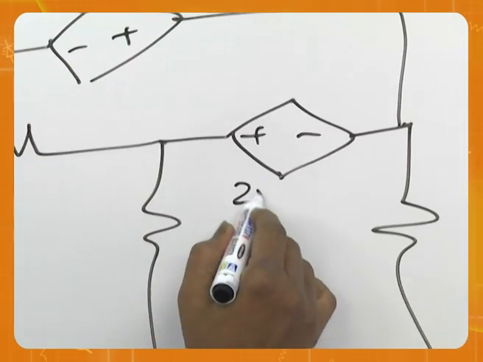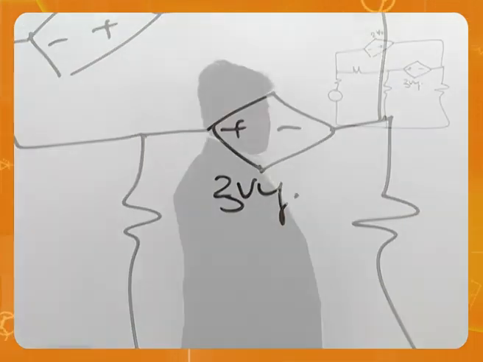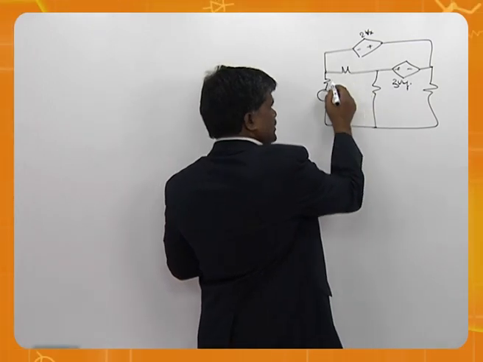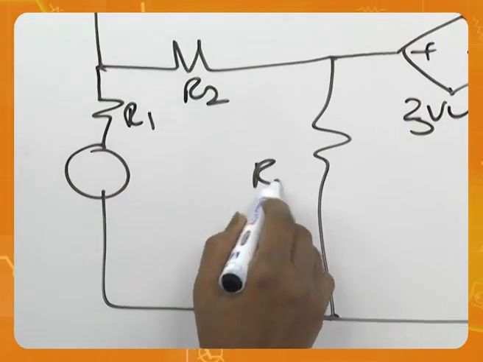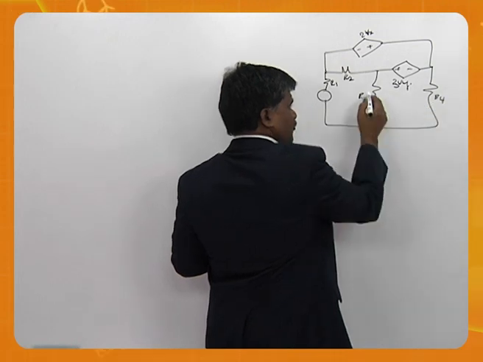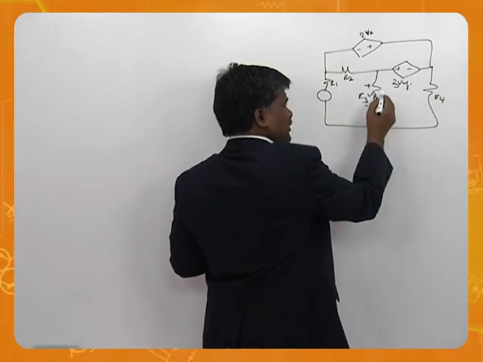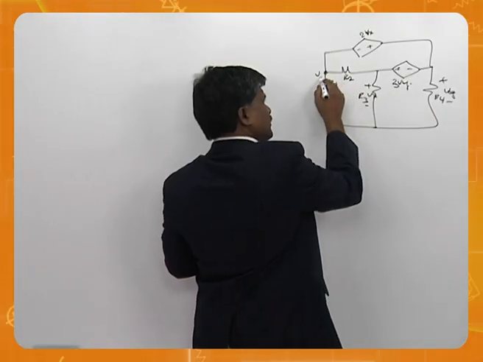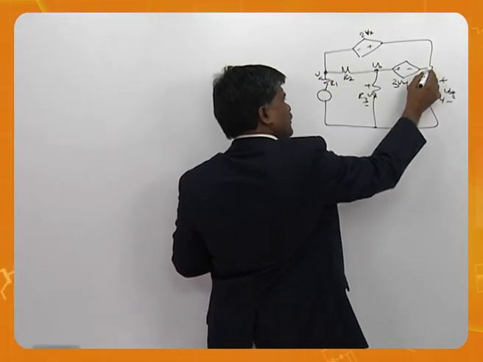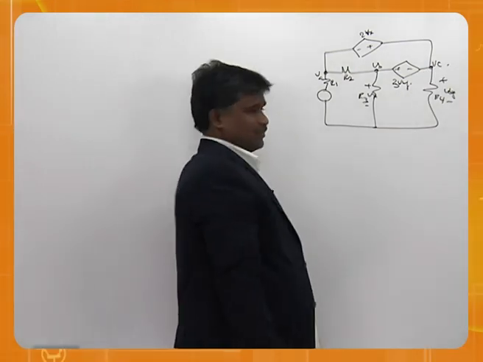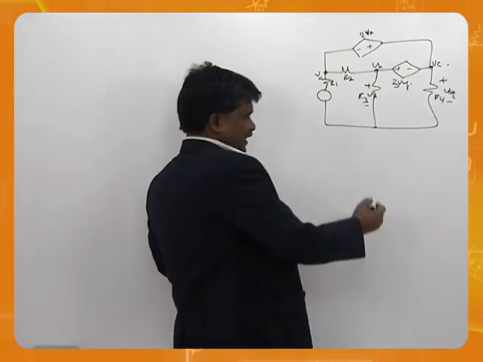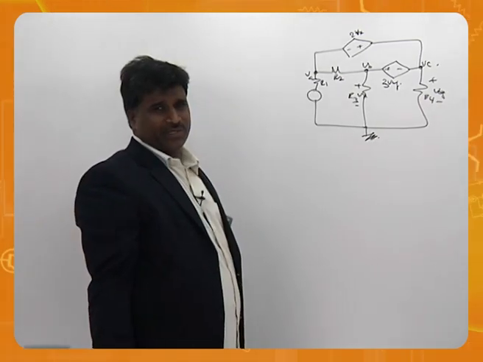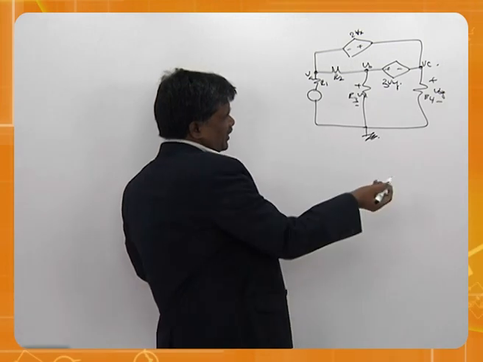This is as it is a voltage source. And we will have definitions as it is. Call this R1, R2, R3, R4. This is Vx. This is Vy. VA, VB, VC. And as usual, this is ground.